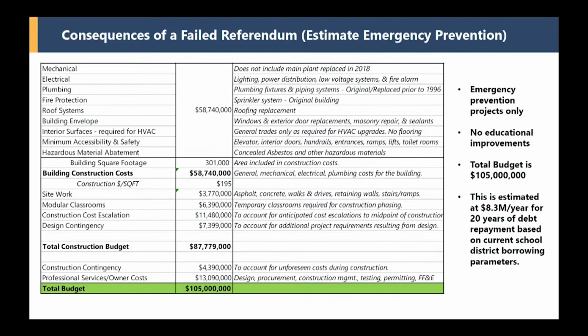The 105 million is just to do HVAC, some of the old mechanical, electrical, plumbing, the fire systems, roof systems, what we would consider the warm, safe, dry components of the building, just to make sure that you don't have failures and leaks that would interrupt education.